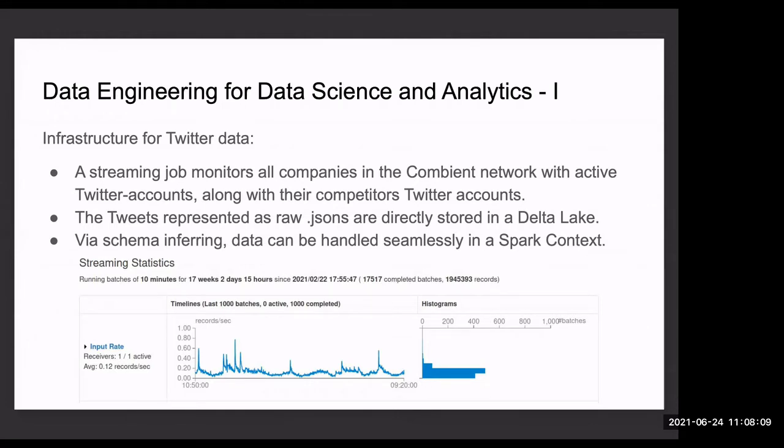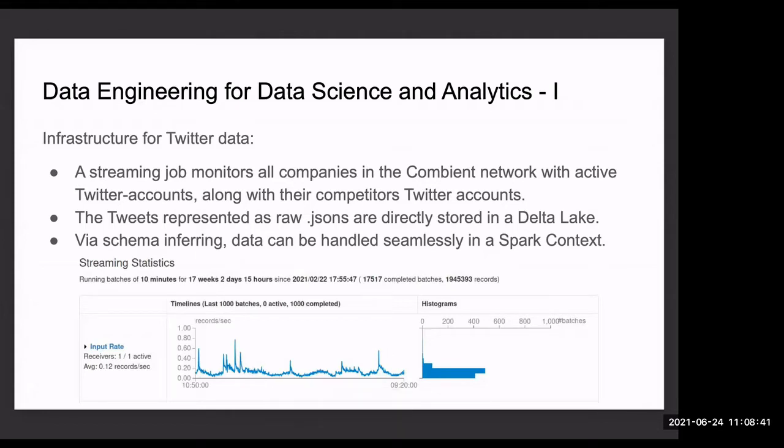Streaming job basically means that in real time we're capturing all the tweets that are relevant to these companies. And these tweets are represented as JSON files. The pipeline is that these JSON files are stored in so-called Delta lakes in Databricks, which is a fancier database, I guess, but it makes things very fast and easy to work with.